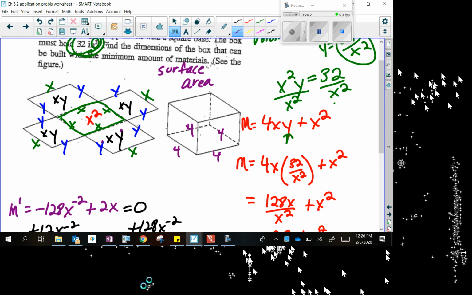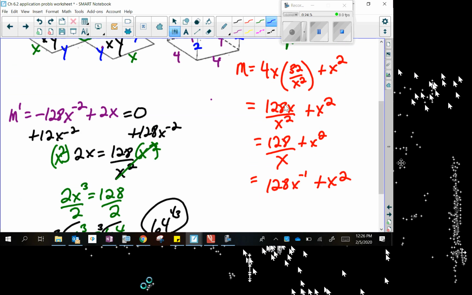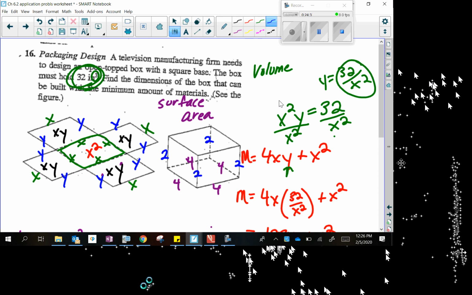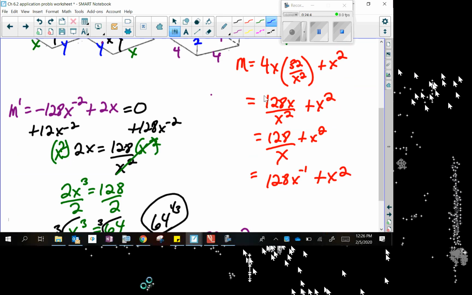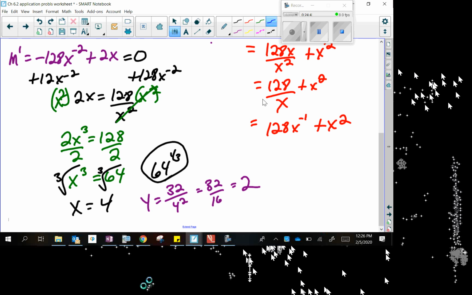So the height of all of our sides is 2. The problem asked us to find the dimensions of the box. One way to write the dimensions of the box is 4 by 4 by 2 inches.